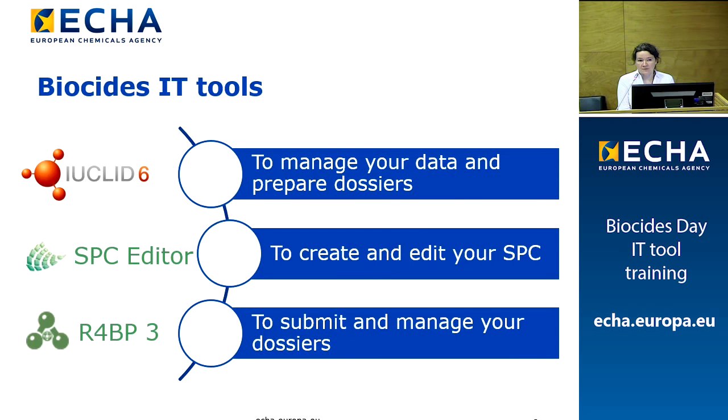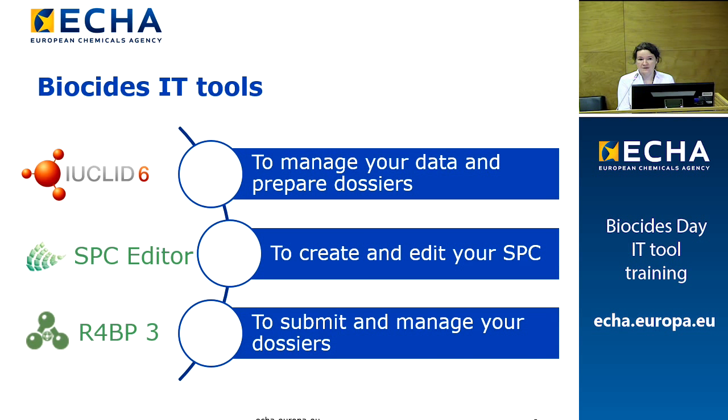As a very first introduction and reminder, when you need to do the application for the active substance or authorize the biocidal product, we offer you at ECA 3 main IT tools, and those are Euclid 6. This is the database to store your data and prepare dossiers.